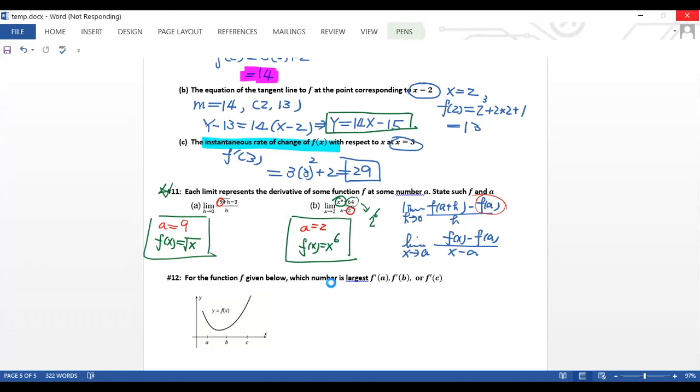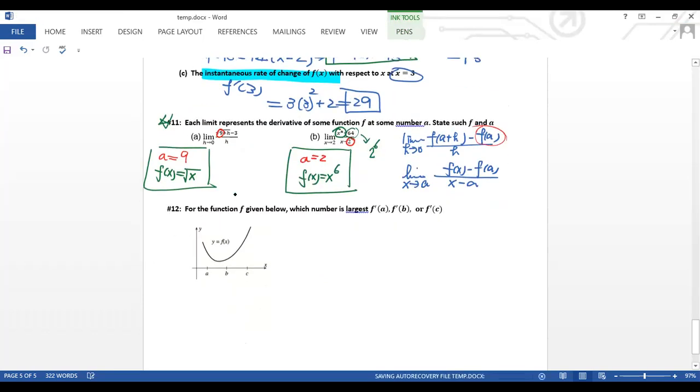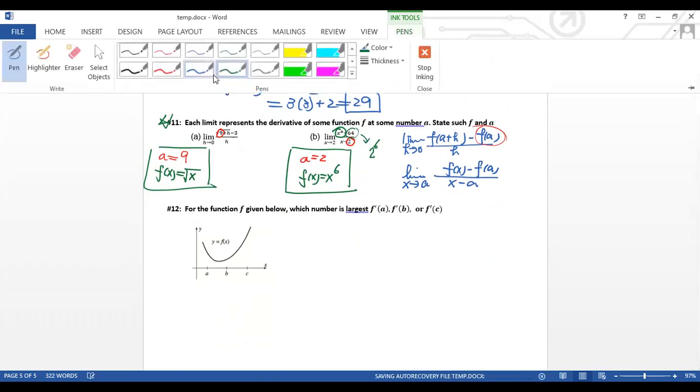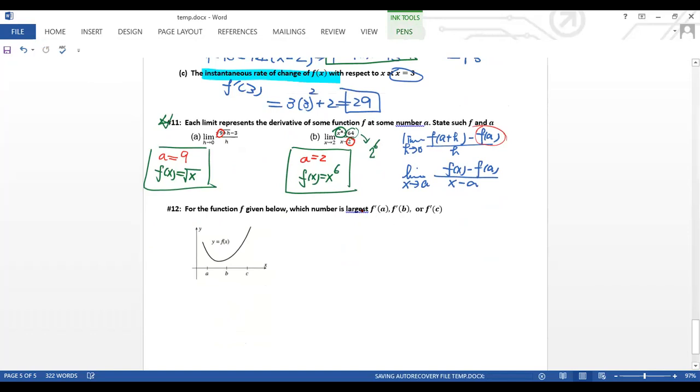Okay. Then I like the last problem also. The last question, they said for the function, like in here, right? They said, which one is the largest one? F prime A, F prime B, F prime C. Okay, so remember, you have A touch here, B touch here, C touch here, right?